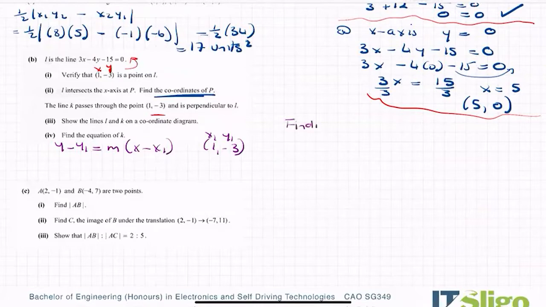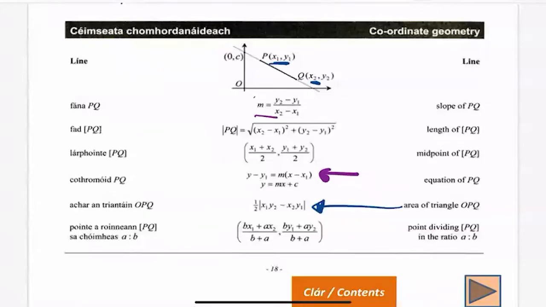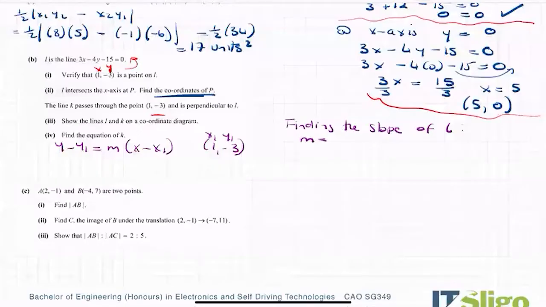Finding the slope of L. I have to find L's slope because I don't have a second point on K, or the equation of K, to find the slope. So I'm using the slope formula from the log tables. You can see how good the log tables are for this section. The points I know on that line are (5, 0) as x2, y2 and (1, -3) as x1, y1.